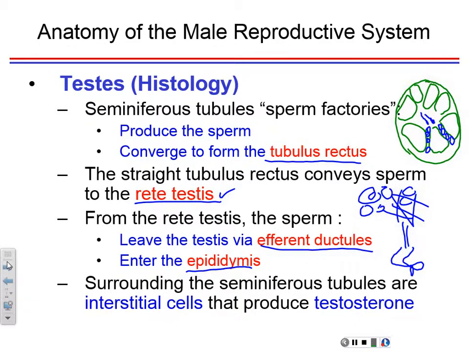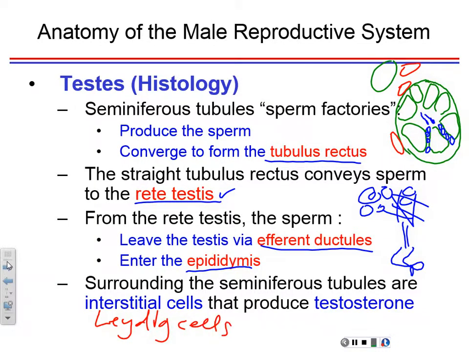Surrounding the seminiferous tubules will be the interstitial cells. And then you have another seminiferous tubule here, and more of these. Those interstitial cells produce testosterone. So sperm production is in the seminiferous tubules, and testosterone is produced by the interstitial cells, sometimes called Leydig cells.